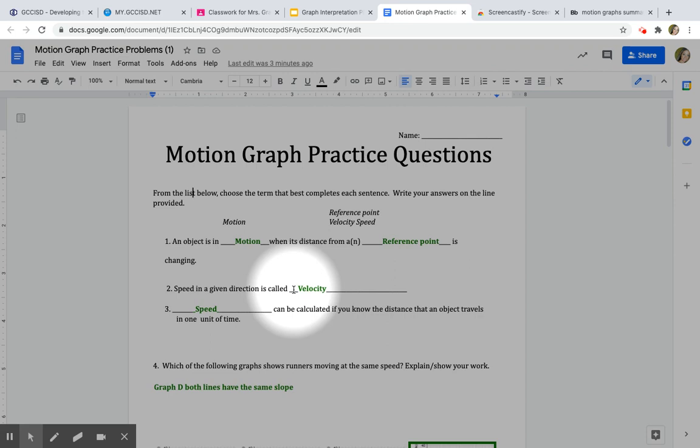It is a direction, north, south, east, west. And then the last one, speed can be calculated if you know the distance that an object travels in 1 unit of time. So we've used our STD triangles plenty of times. So if we have a given distance and we are given the time, we can calculate speed.